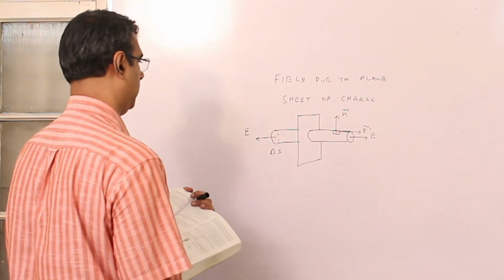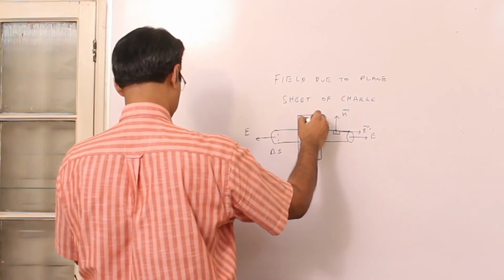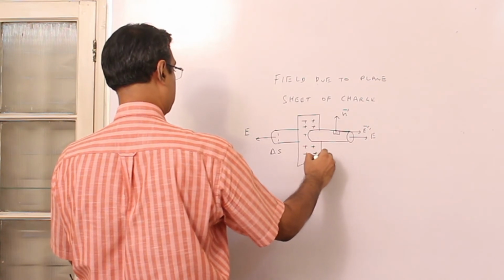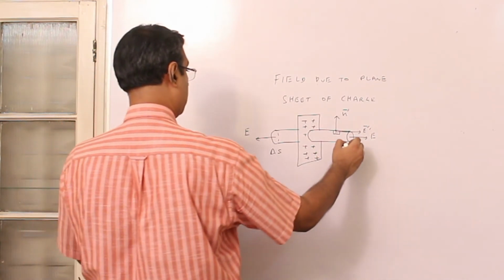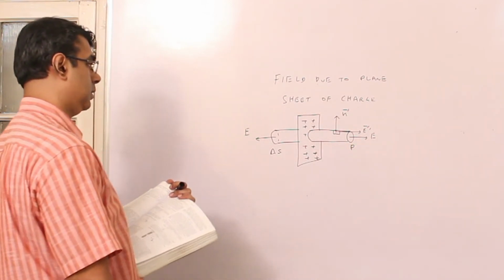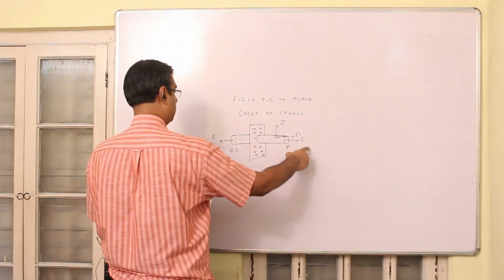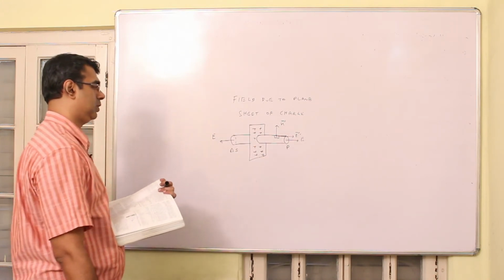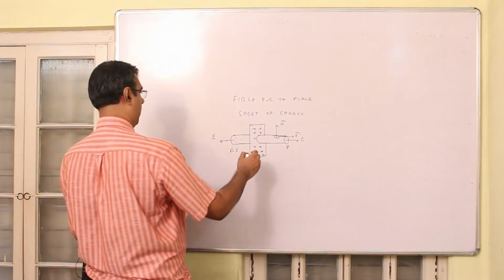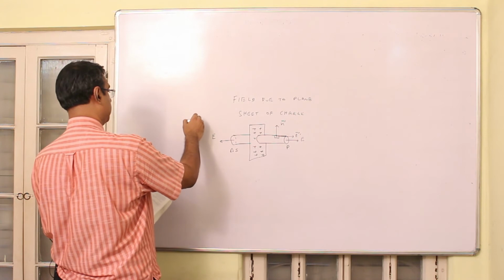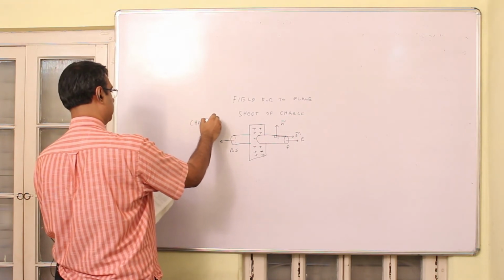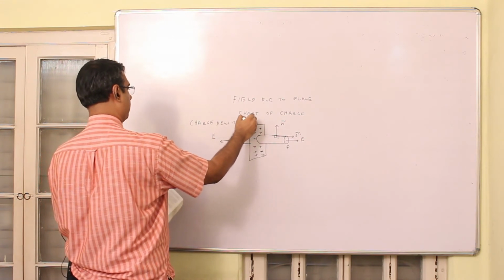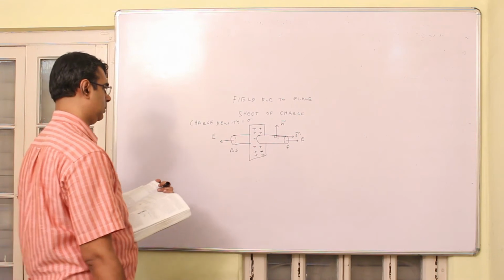Suppose you have a plane sheet and it is a uniformly charged plane sheet. There is a point P at a certain distance near this sheet where we want to find the field. And this point P is placed near to the sheet. The sheet has infinite dimensions, length and breadth are infinite, and the charge density is sigma. That means charge per unit area. Charge density is sigma, that means charge per unit area is sigma.